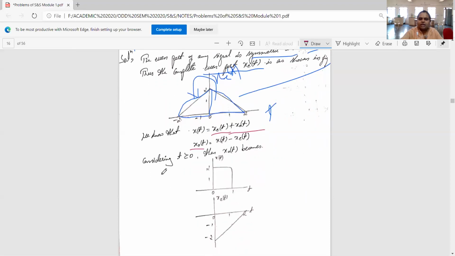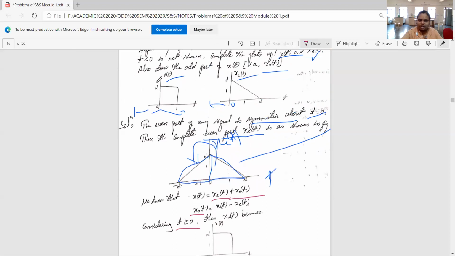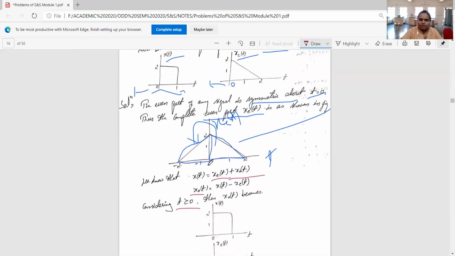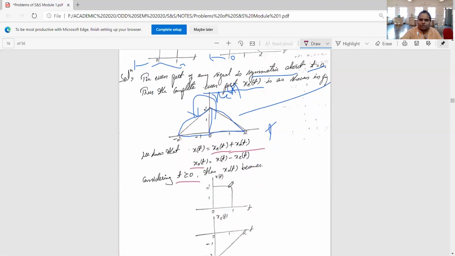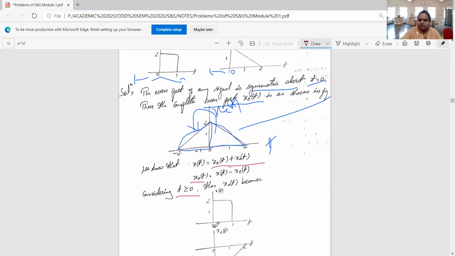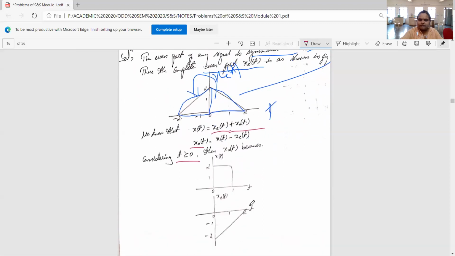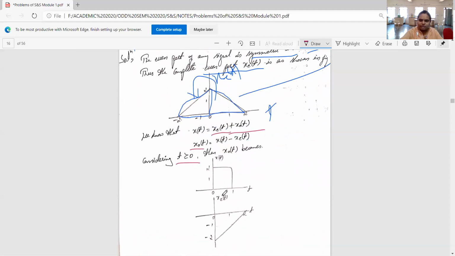Okay. Then consider t greater than or equal to 0. Here it's given for us only at t values greater than 0. Okay, for that reason x of t is given from 0 to 1. The same signal is drawn here with the amplitude as 2. Then x e of t.